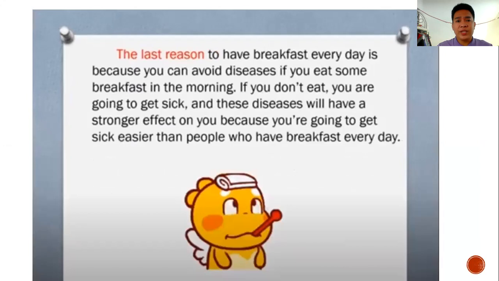The last reason to have breakfast every day is that you can avoid diseases. If you eat some breakfast in the morning. If you don't eat, you are going to get sick. And these diseases will have a stronger effect on you than on people who have breakfast every day.